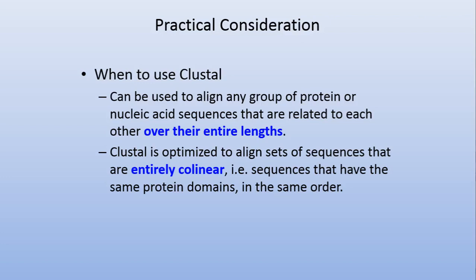The first assumption the user is expected to know is that when you use ClustalW, whatever sequences you provide as input are considered to be related to each other over their entire lengths. For example, if you are using these three sequences and trying to generate a multiple sequence alignment using progressive strategies with ClustalW, it is understood that sequences A, B, and C are related to each other over their entire length.